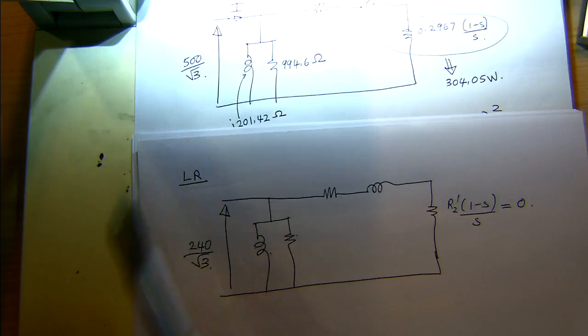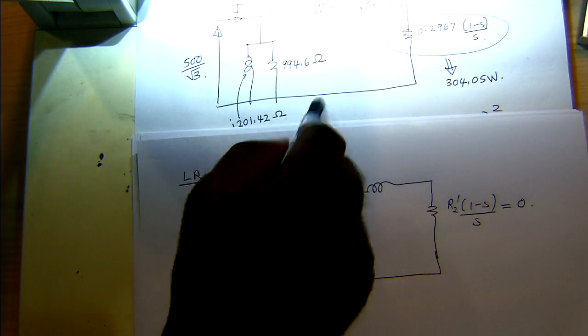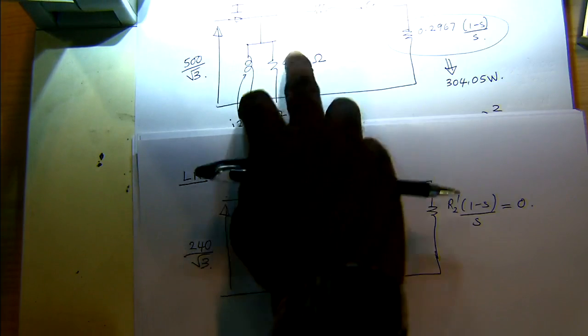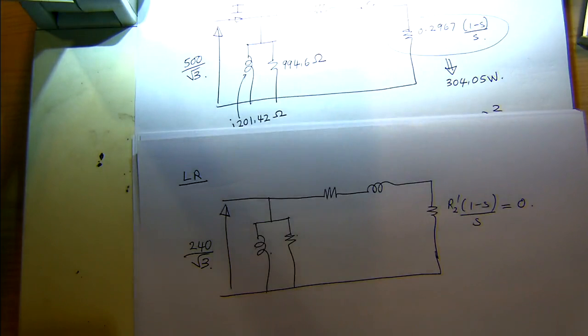For most large induction machines, you can assume this path is negligible. But the smaller the induction machine gets, these values become smaller and they are comparable to these values as well. So sometimes you can't assume that these values are negligible. So you can actually neglect this.